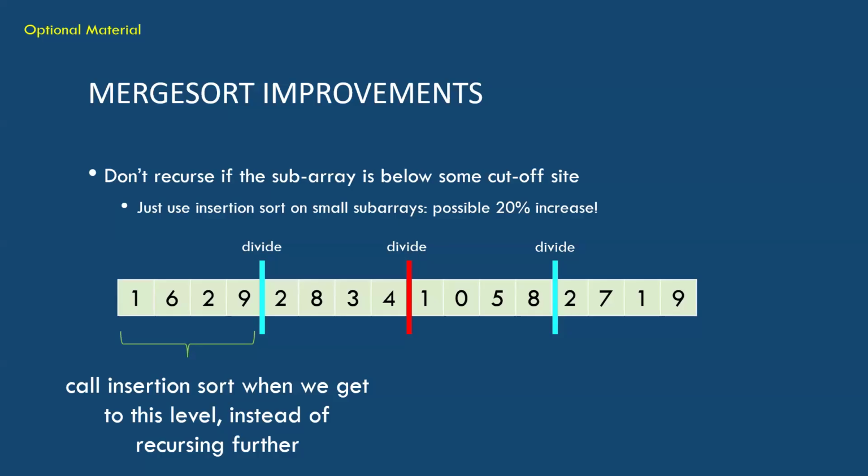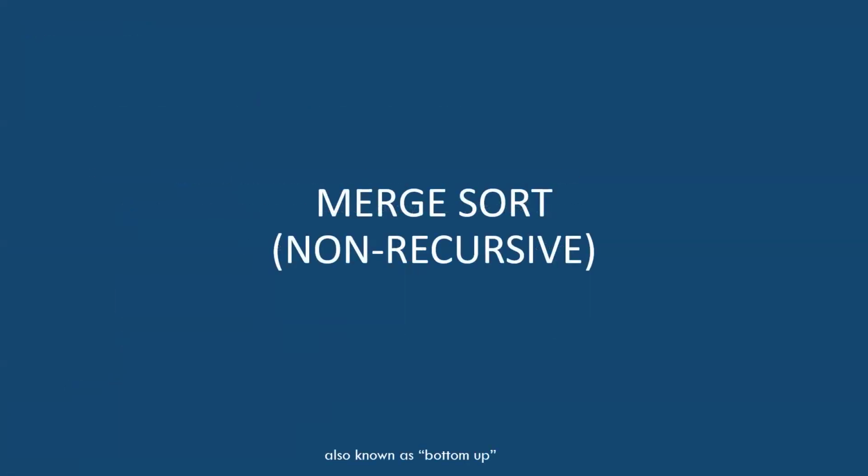So don't go all the way to the bottom, stop short, do a different kind of sorting algorithm, and then return to the top and do the rest the normal way. Okay? There are lots of things that we could do, and some of them will get us some interesting improvements. It kind of depends on the kind of data that you're working with.